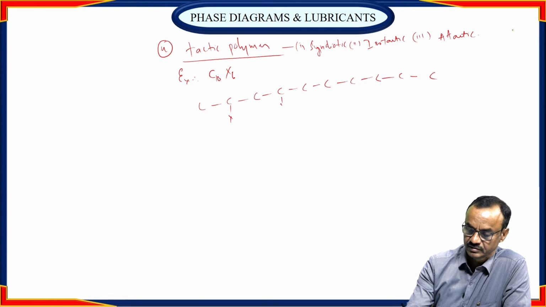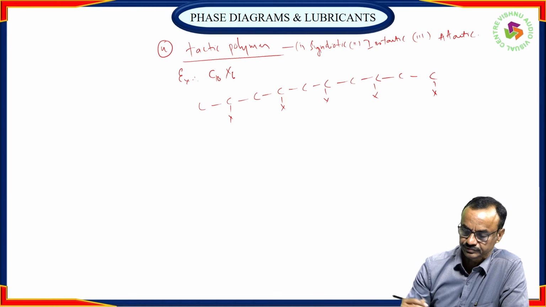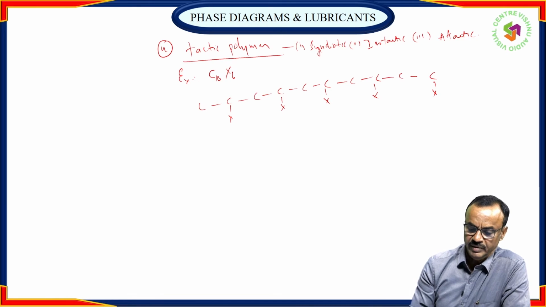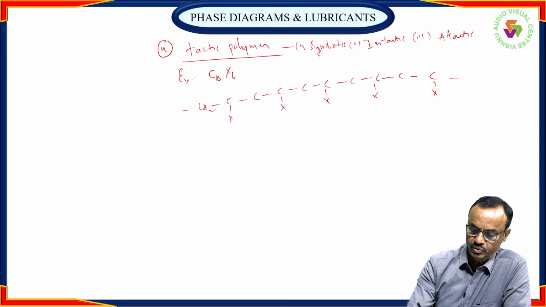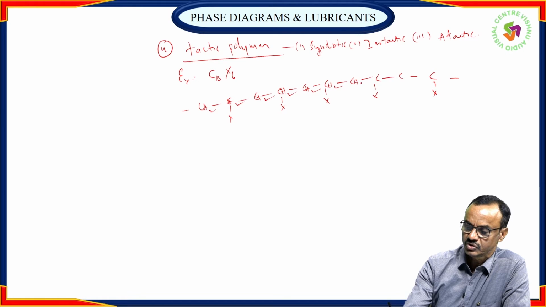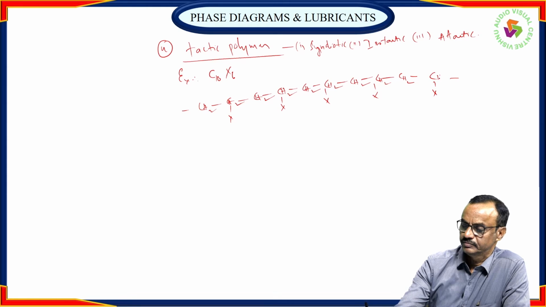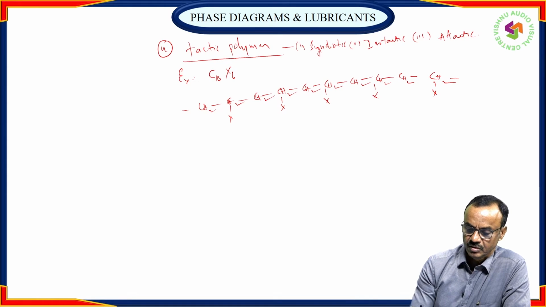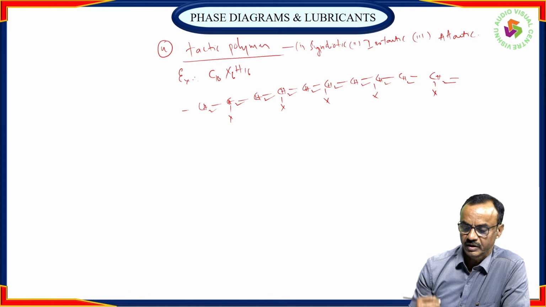X. The remaining are hydrogens. H2 H2 H2 H2 H2 H2 H2 H2 H2 H2. 16 hydrogens are there, right?